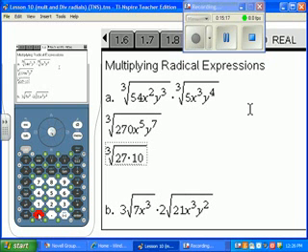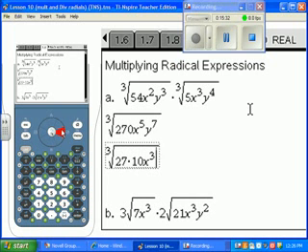Now I'm dealing with x to the 5th and y to the 7th. Remember, we're dealing with cube root, so I want to pull it apart into factors where I'm going to be able to take the cube root of one of them. X to the 3rd. Good. Do the same thing for y, except are you going to use cube this time?